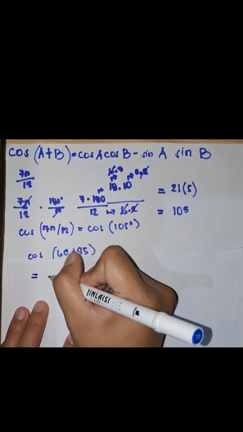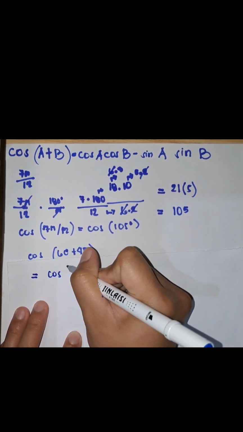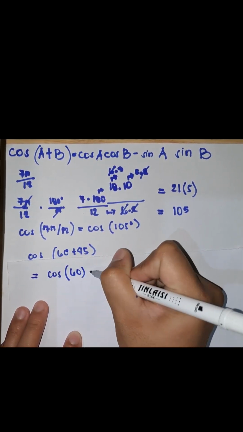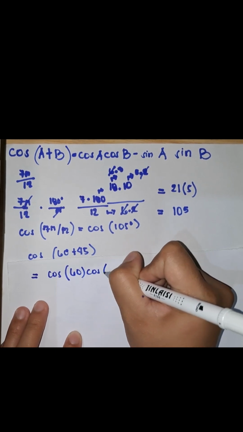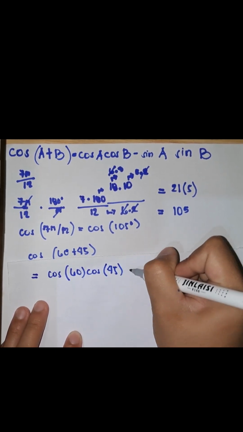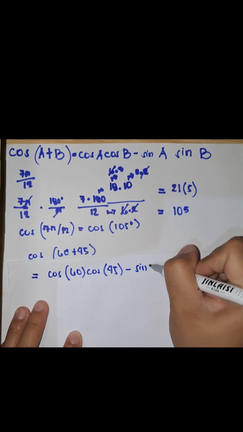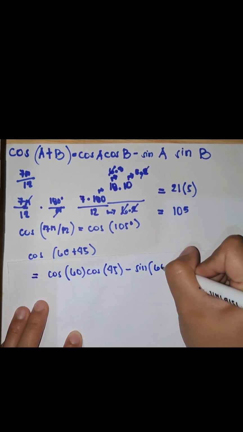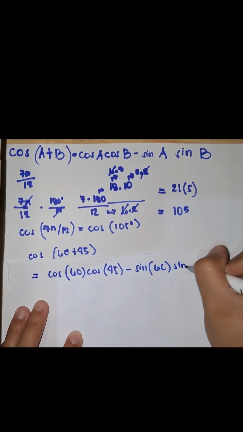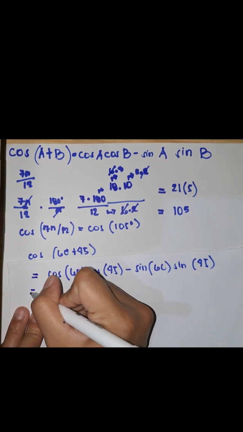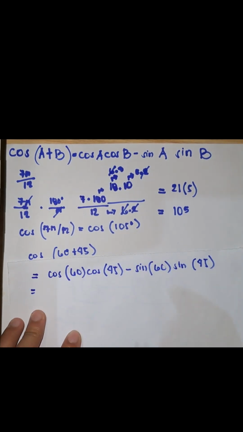So we have cosine A is 60, cosine B is 45, minus sine A is 60, sine B is 45. The next step is to evaluate the corresponding values.